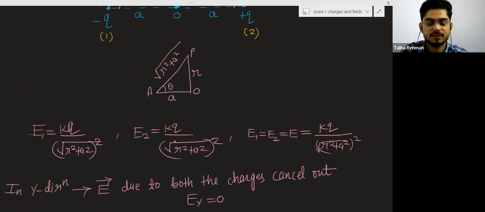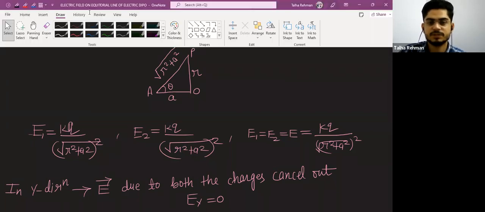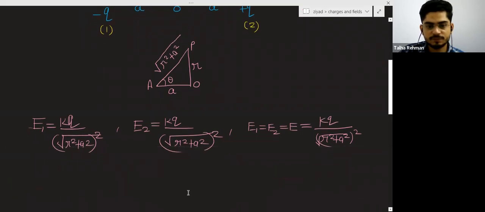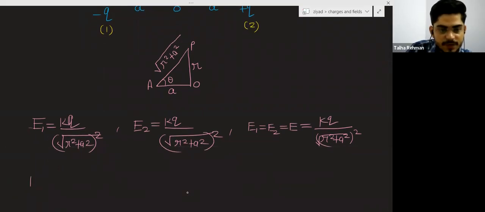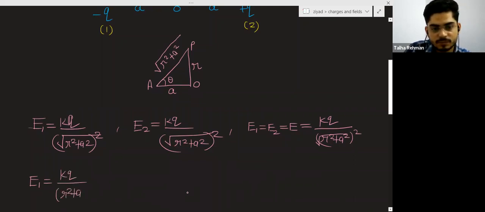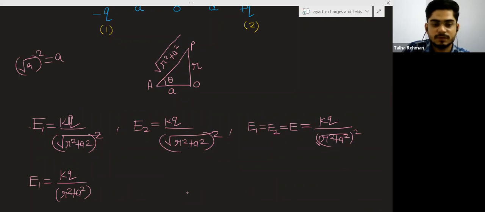Just a minute, just wait. We can make it easier. This will become R square plus a square, because when you do under root of square, it becomes this.